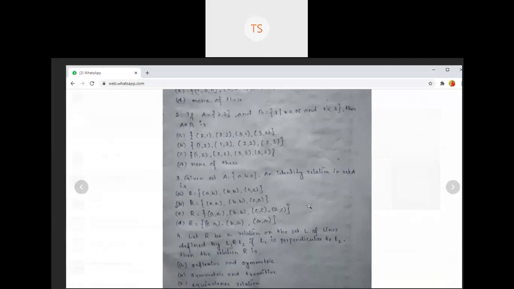What is the identity relation? We have discussed the identity relation.